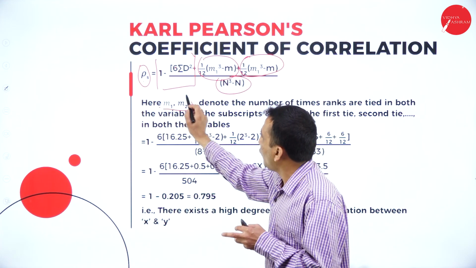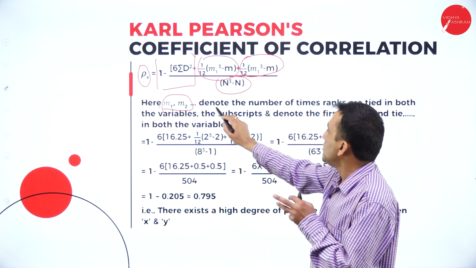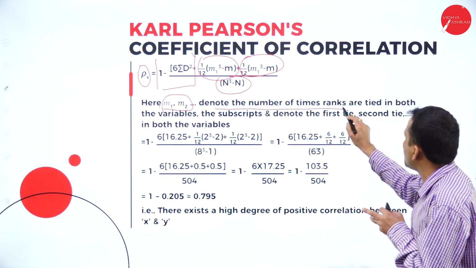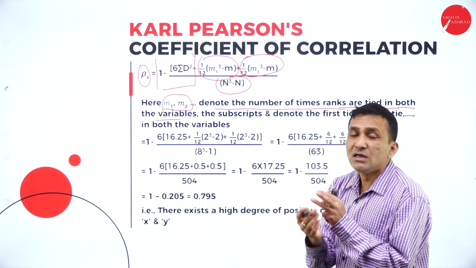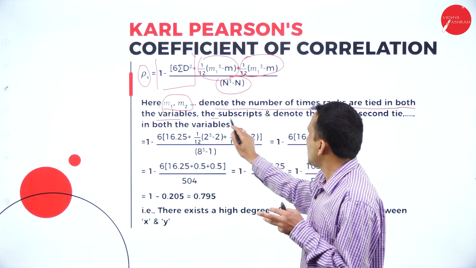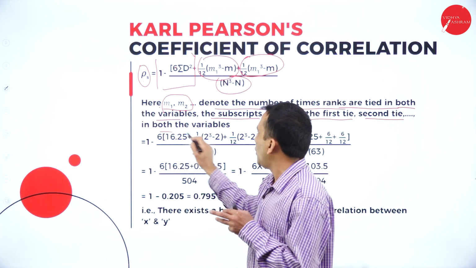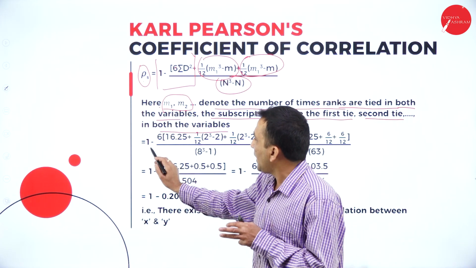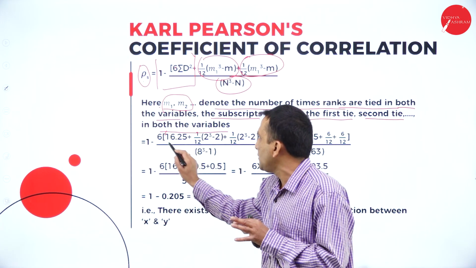Here m1 and m2 denote the number of times ranks are tied in both variables x and y. The subscripts denote the first tie and second tie. So as it is, I am writing 6 sigma D square, and we got 16.25.